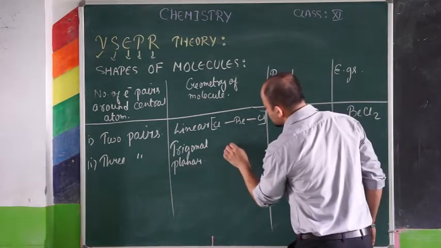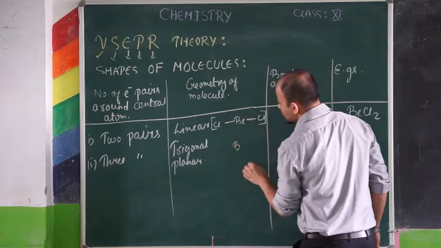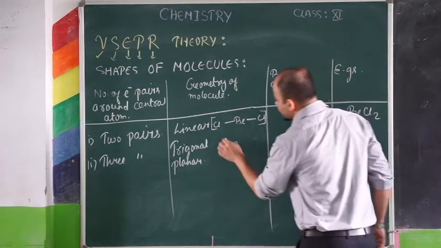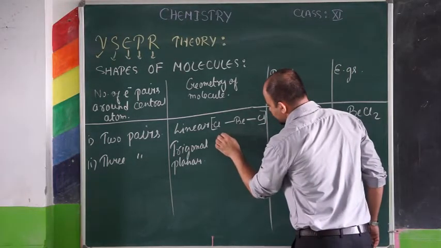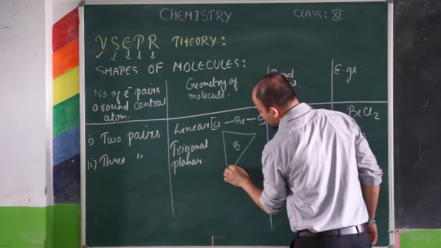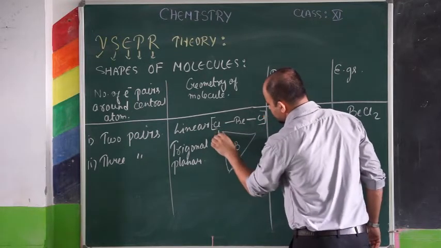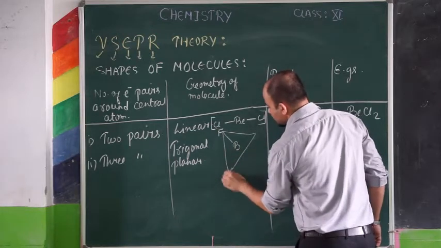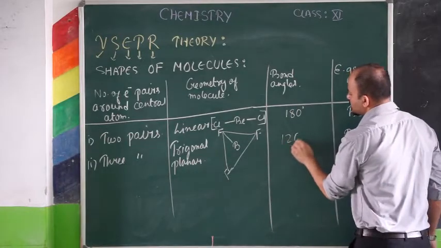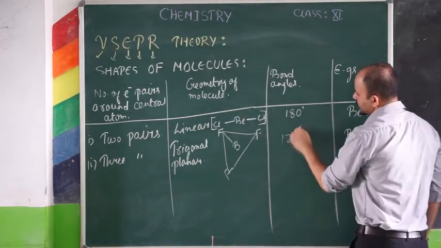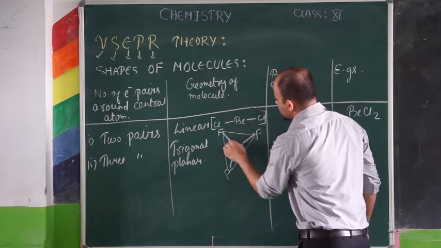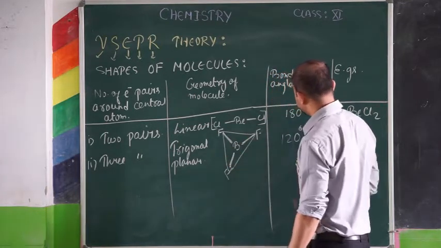The structure of BF3 has boron at the center and the three fluorine atoms lying at the corners of an equilateral triangle. Here you will have fluorine, here fluorine, and here fluorine. And the bond angle here is 120 degrees.